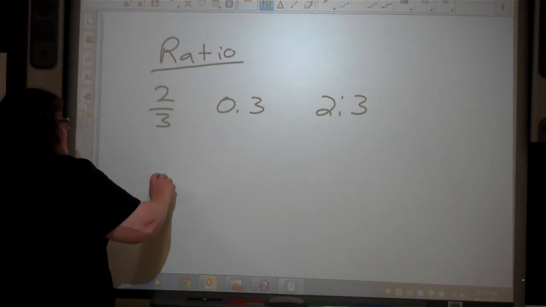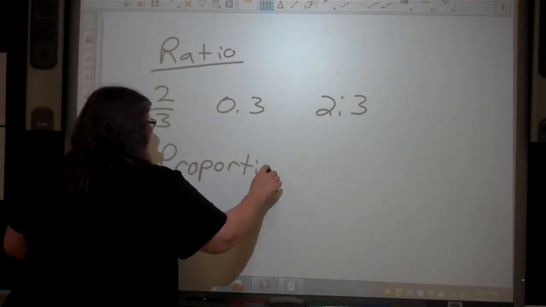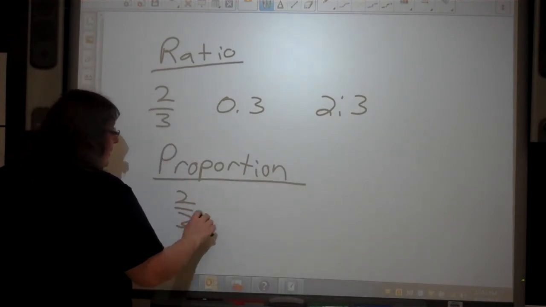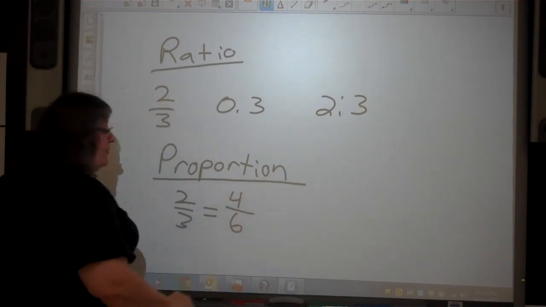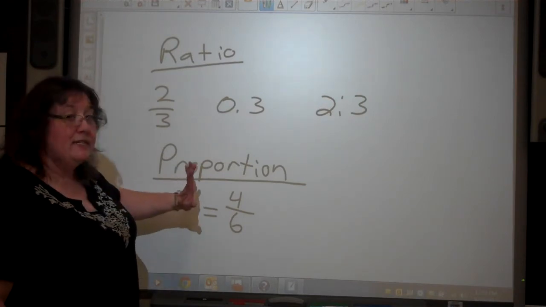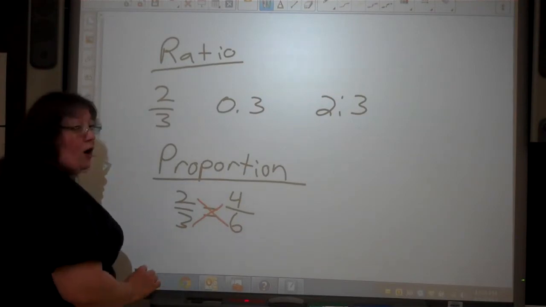Okay? Now the next thing is proportion. Now a proportion is when you have two fractions that are equal to each other. Now in order to make sure that these are equal to each other, we have to use the cross product.